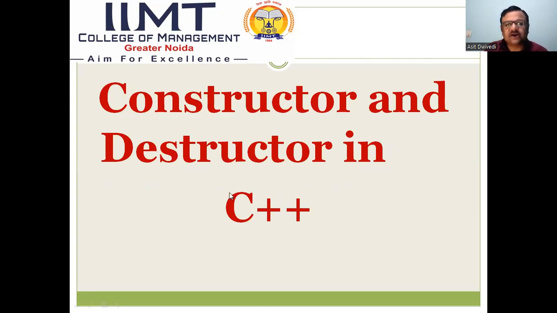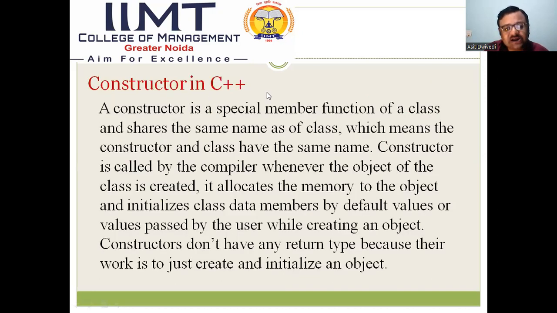Now, constructor and destructor in C++. A constructor is a special member function of a class that shares the same name as the class, which means the constructor and class have the same name. The constructor is called by the compiler whenever an object of the class is created.